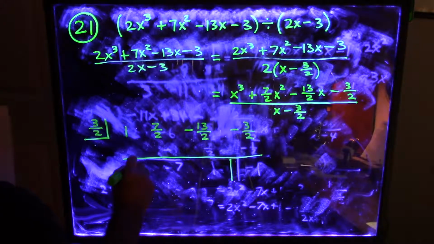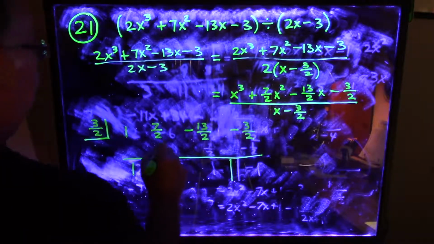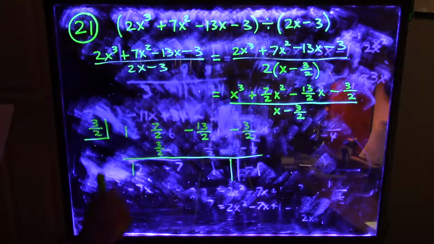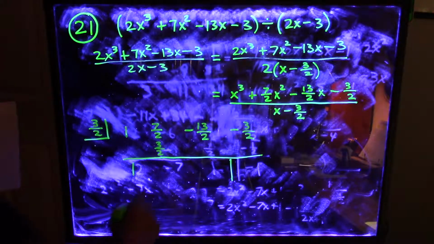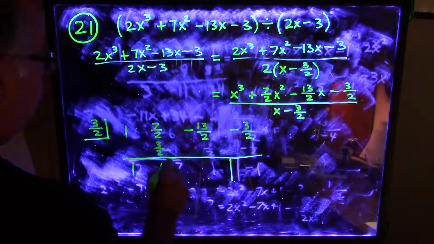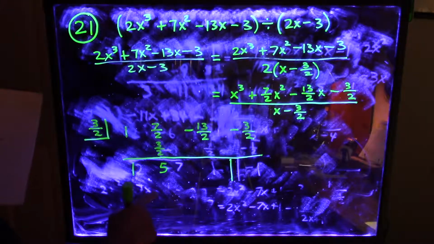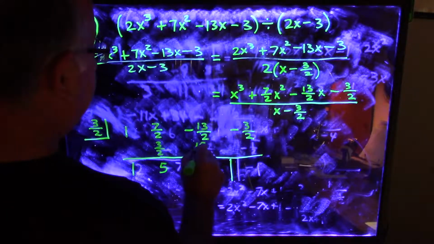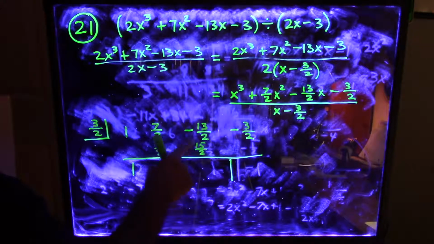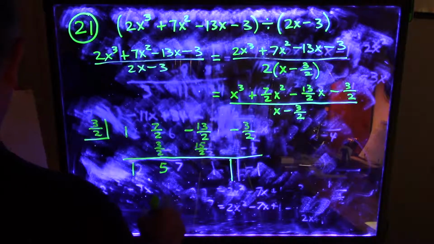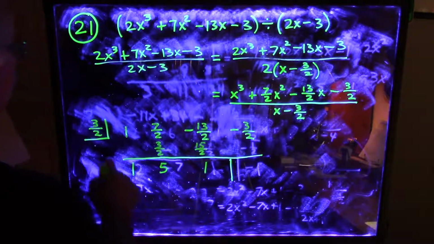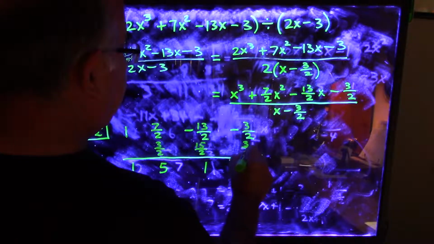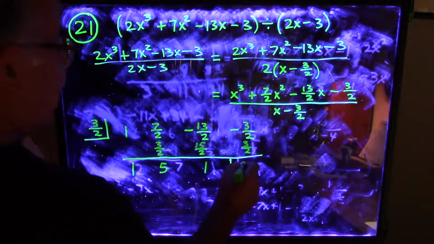Alright, bring down the 1. 3 halves times 1 is 3 halves. 7 halves plus 3 halves is 10 halves, which is the same as 5. 3 halves times 5 is 15 halves. 15 halves minus 13 halves is 2 halves, which is the same as 1. 3 halves times 1 is 3 halves. And then you add those and you get 0 remainder.